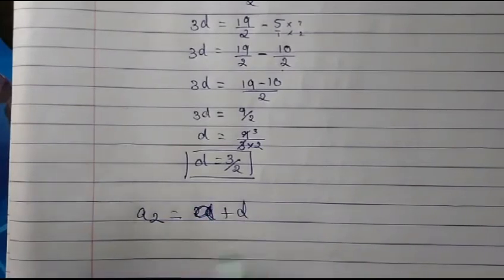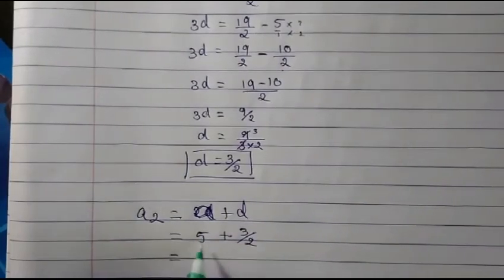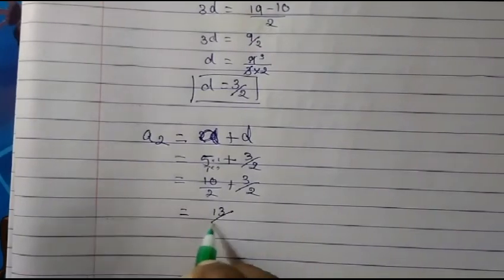A2 is A plus D. So A we know, that is 5, D is 3 upon 2. Now in the denominator nothing is there, so we consider this as 1. So we multiply both sides by 2, and we will get 10 upon 2 plus 3 upon 2. So we will get 13 upon 2.